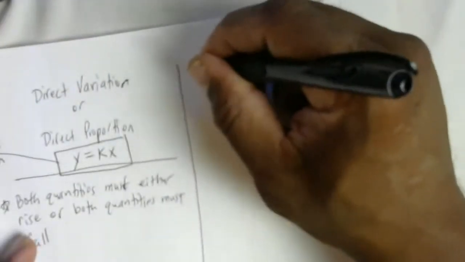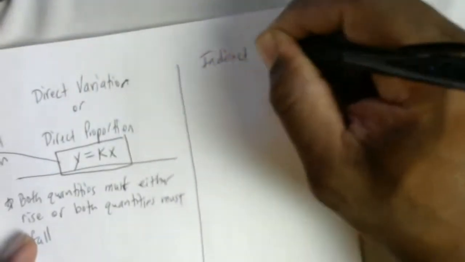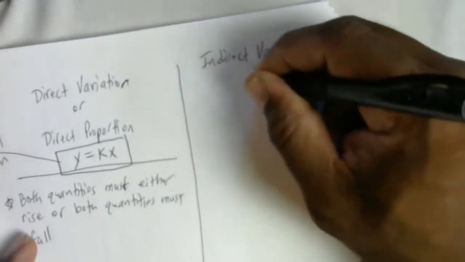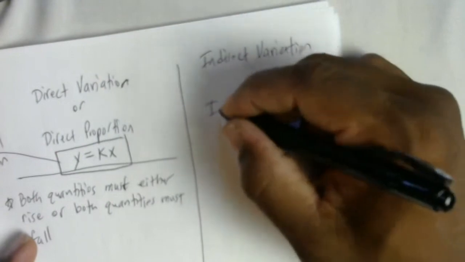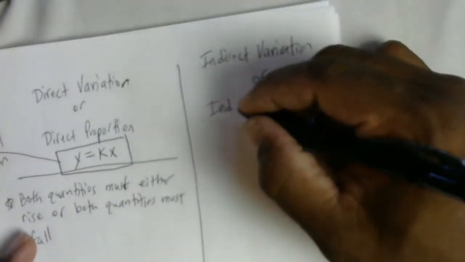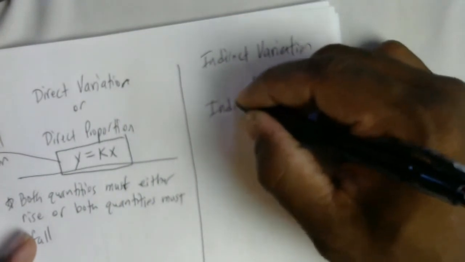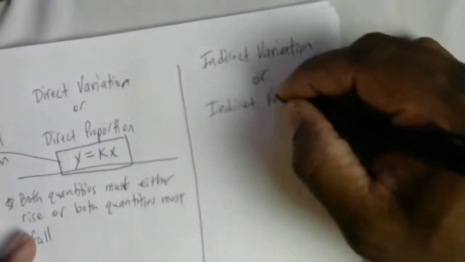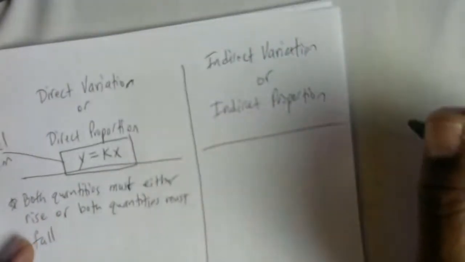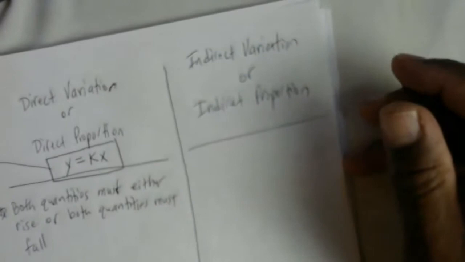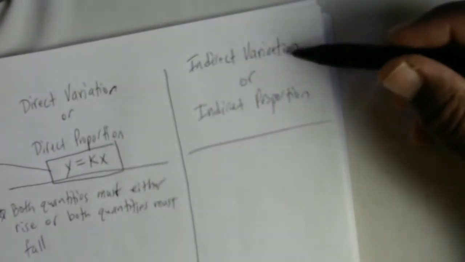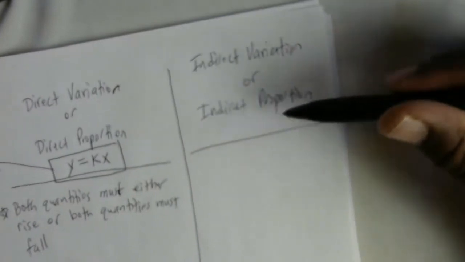All right, here is an indirect variation or an indirect proportion. Or sometimes you may see inverse variation and you may see inverse proportion.